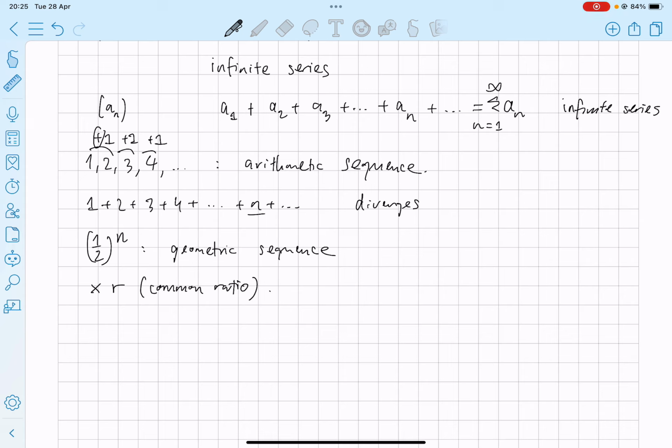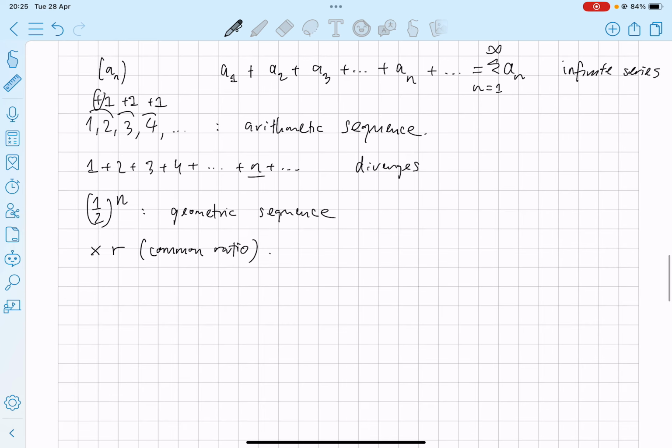In this case, what is the common ratio? It's 1/2, because when you expand this sequence out, starting from n equal to 0, it gives you 1, then 1/2, then 1/4, then 1/8.